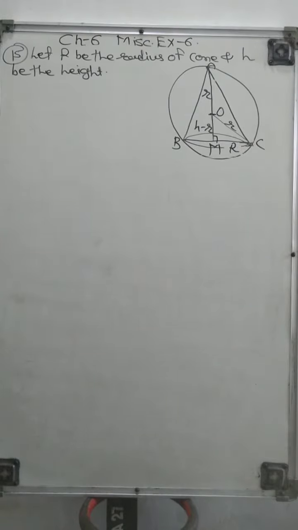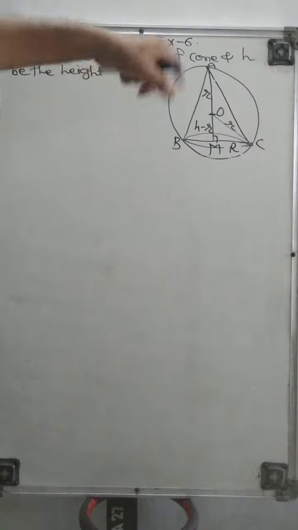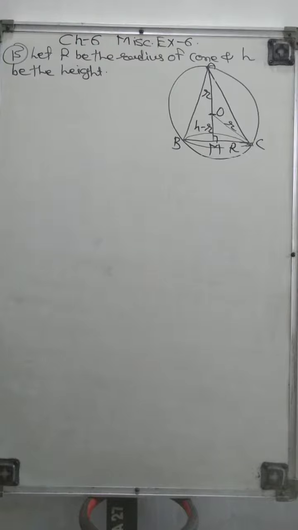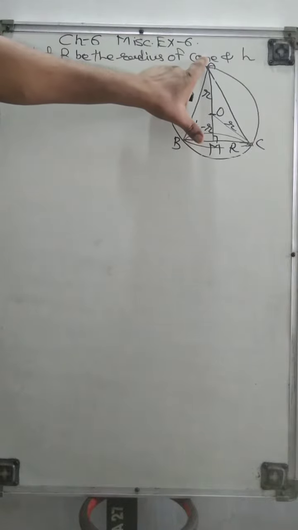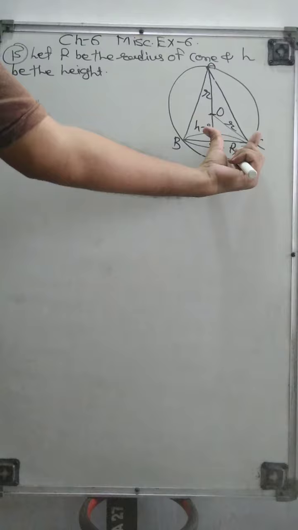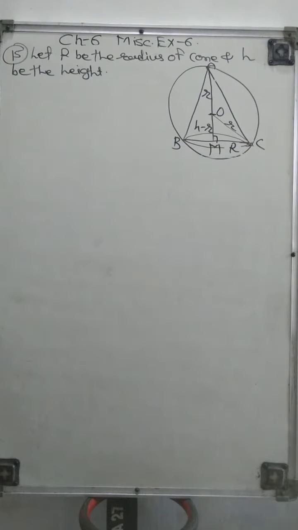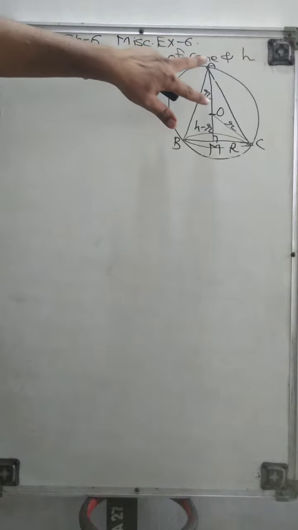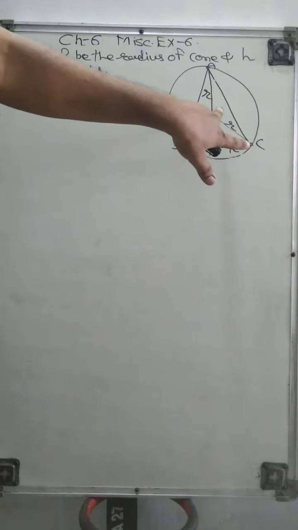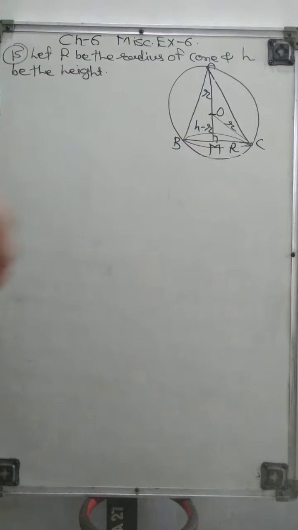Okay, so here let the radius of the cone be capital R and h be the height of the cone. Here AM is the height of the cone and MC is the capital R, which is the radius of the cone. Now the radius of the sphere is given as small r. So OA is small r, OC is small r, and OM is h minus r.